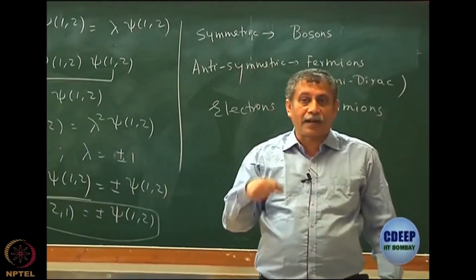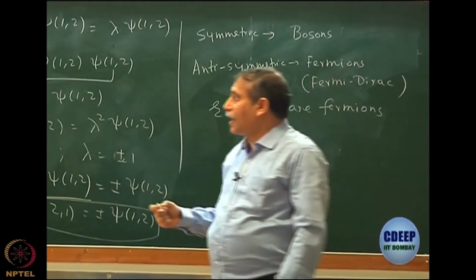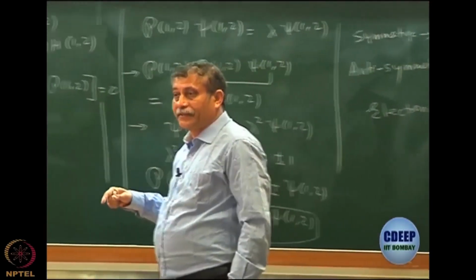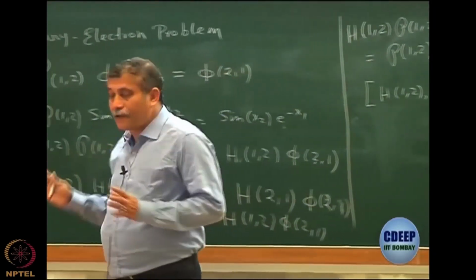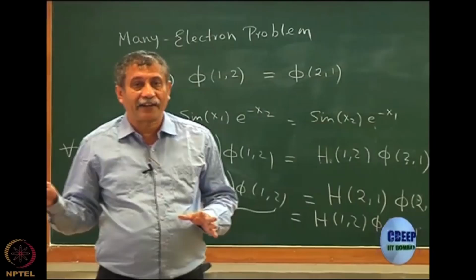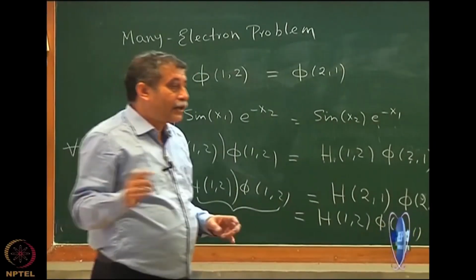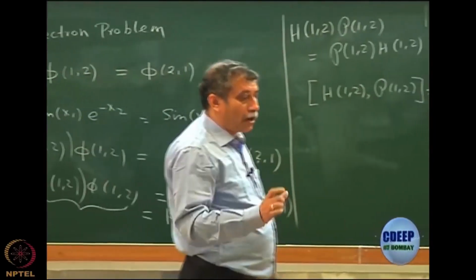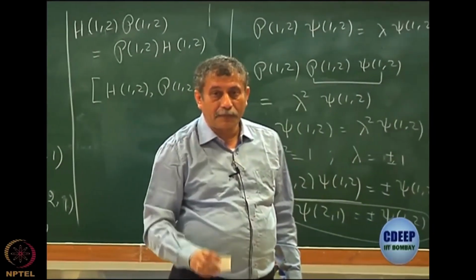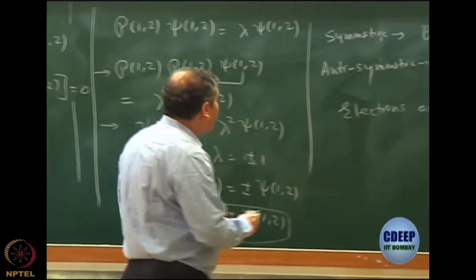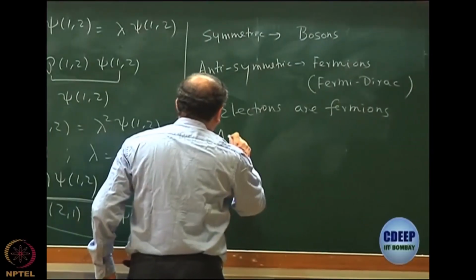So, all electron wave functions must be antisymmetric, even if they are non-interacting or interacting. Any time we talk of a product, remember that it has to be an antisymmetrized product.